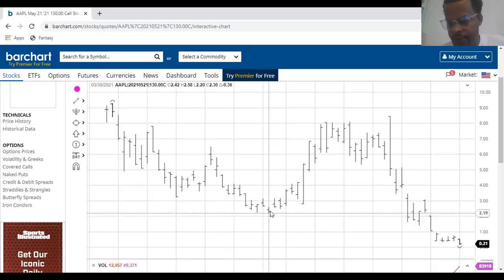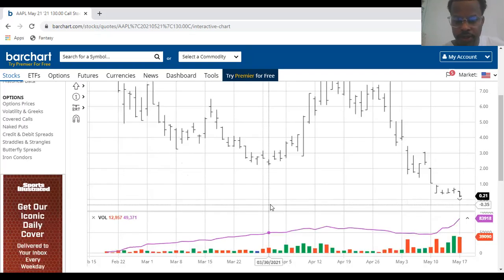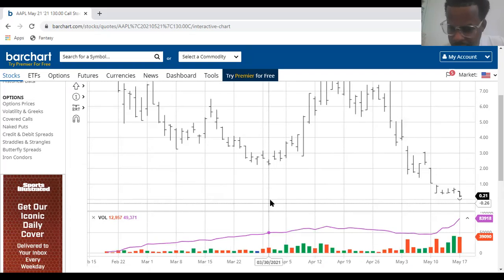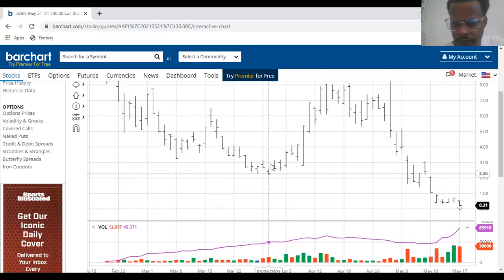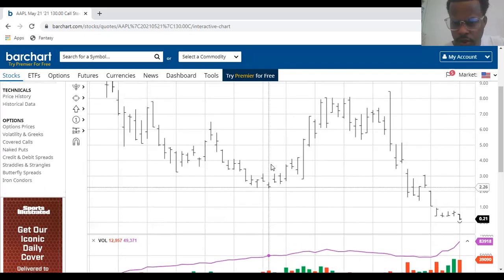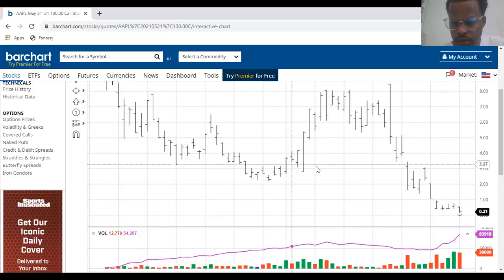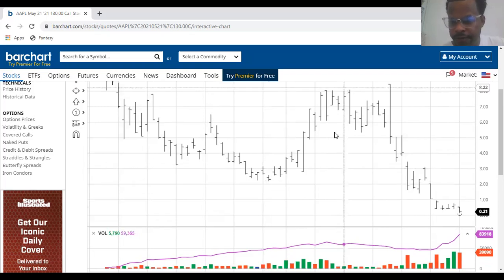Here around 2. If you would have bought around here, and let's just go down so you guys can see the dates, right? So if you would have bought around here, this was about 2 months ago at 2. And if you would have waited, what is this? This is about a month. So you bought it at 2, and then I think a month later you could have sold it at 8.